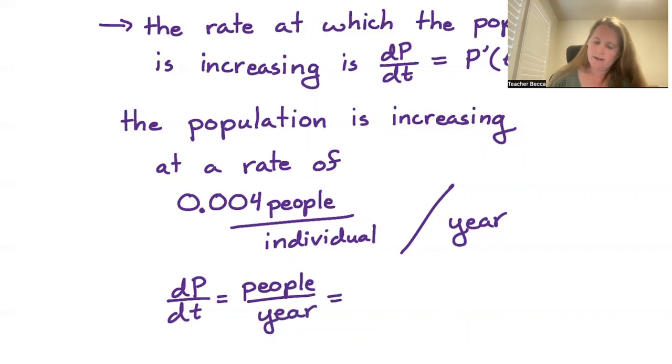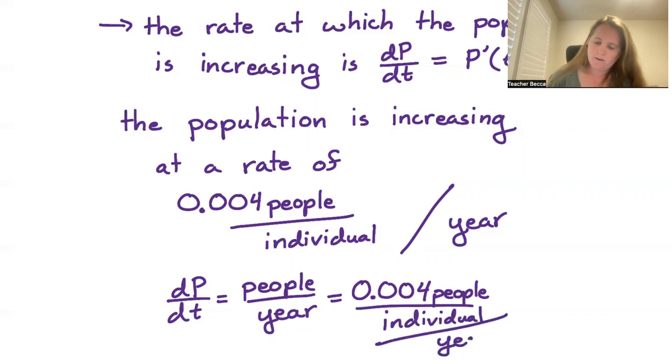And so we can get this by taking 0.004 people per individual per year, and multiplying by the number of individuals, which at any given time is the population. So we multiply by P individuals.